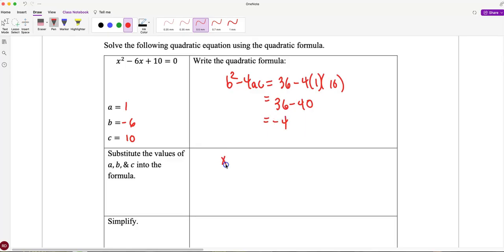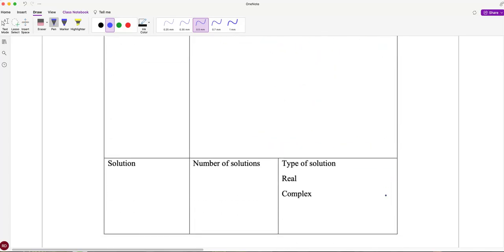So now I'm going to get x equals negative b plus or minus the square root of b squared minus 4ac over 2a. Now I've got a problem. Square root of negative 4 is not real. Okay, so this number is not real. So that means I have no real solution.